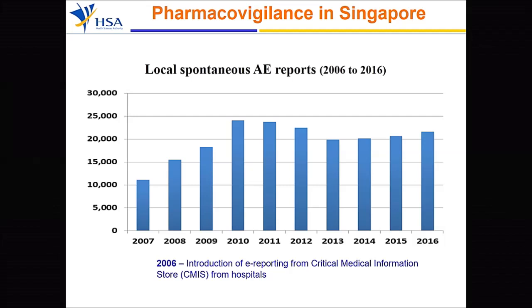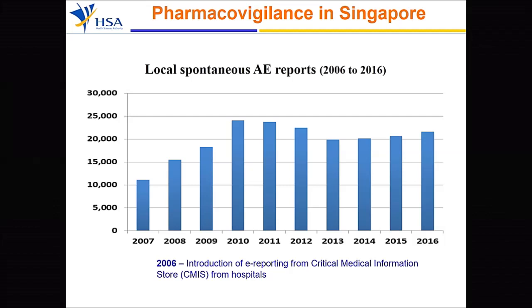Okay. In 2006, the Health Sciences Authority, which is the regulatory agency, like the FDA of Singapore, introduced a module into the workflow process of the public sector hospitals, so that would facilitate reporting by the doctors directly into HSA. After implementing that, the number of reports that HSA got increased by 10-fold.